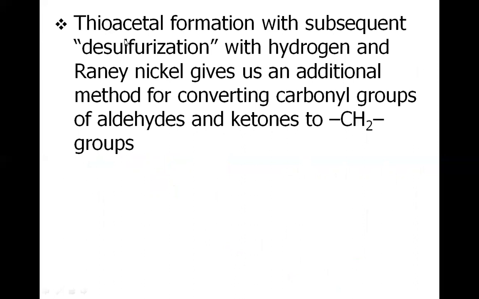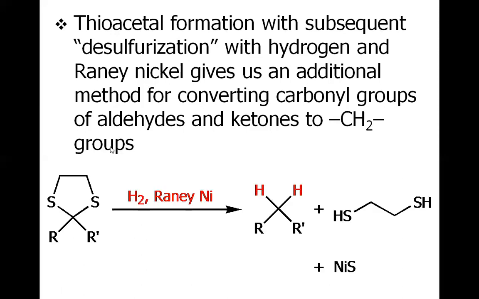In fact, this thioacetal formation with subsequent desulfurization with hydrogen and Raney-nickel gives us an additional method for converting the carbonyl or aldehyde into CH2 groups. What does it mean? If you make the thioacetal and treat with hydrogen in the presence of Raney-nickel, you may simply desulfurize this molecule and we have the CH2 group here. So it's a good way to convert the carbonyl into the CH2 group.